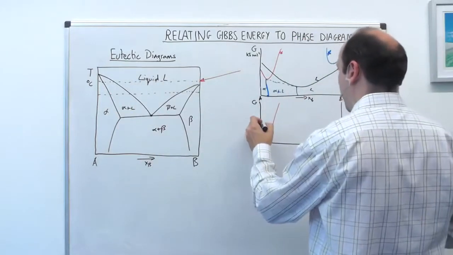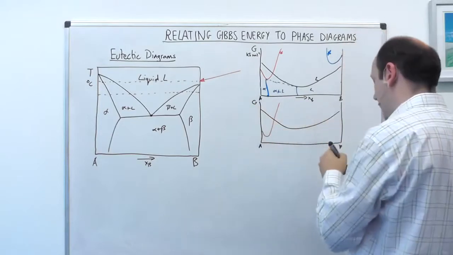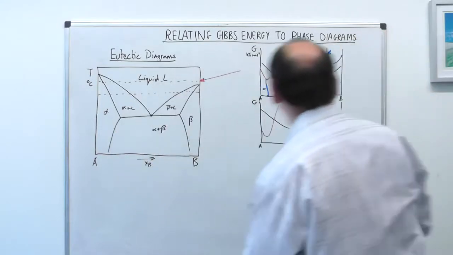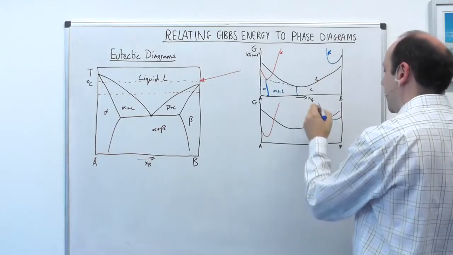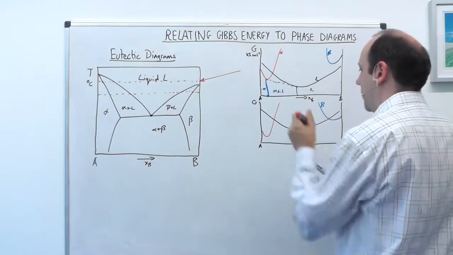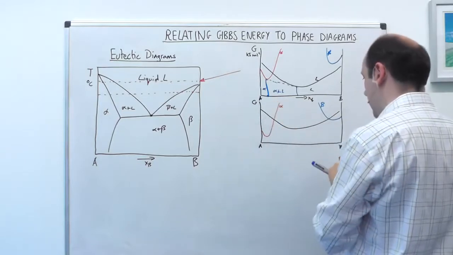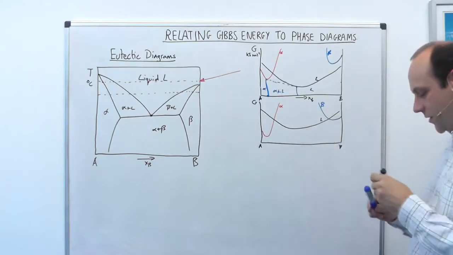So we'll put it somewhere like over here, and the beta, that's probably descended relative to the liquid, because now there's a region of it where it's the lowest energy phase. So that's our beta, that's our alpha, and that's our liquid. So each phase has its own Gibbs energy curve.